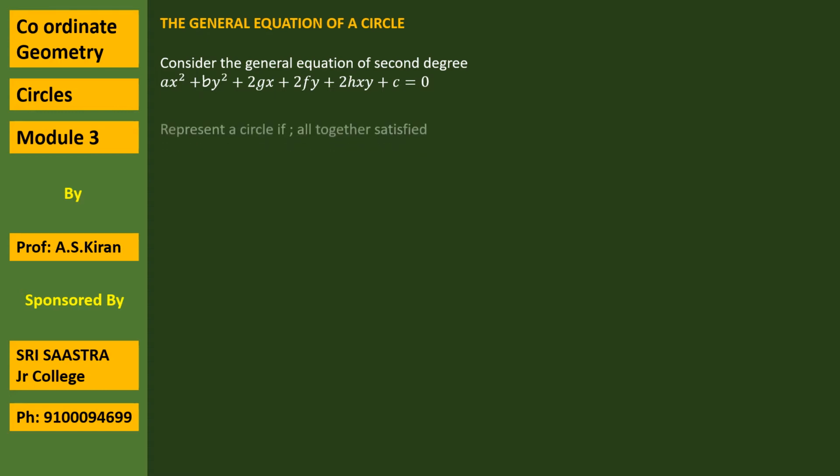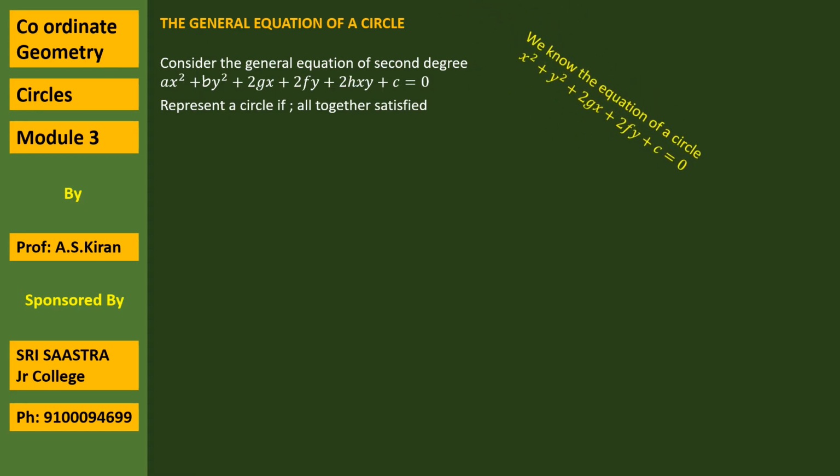Now, represent a circle if what? Let us observe. Already we know that the equation of a circle is x square plus y square plus 2gx plus 2fy plus c is equal to 0, which was in the previous module.